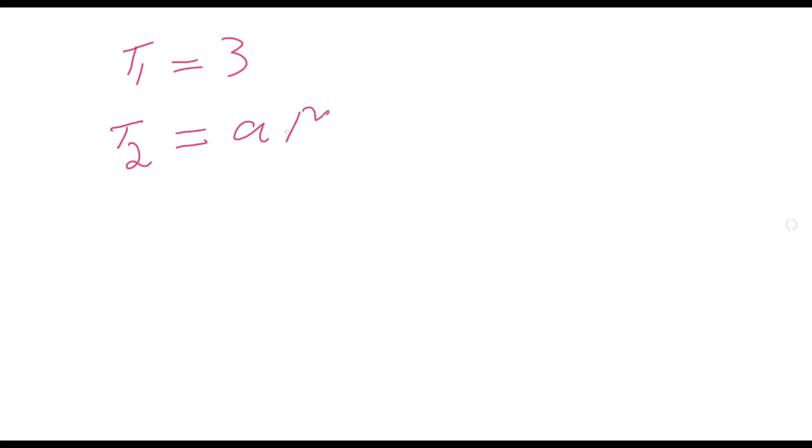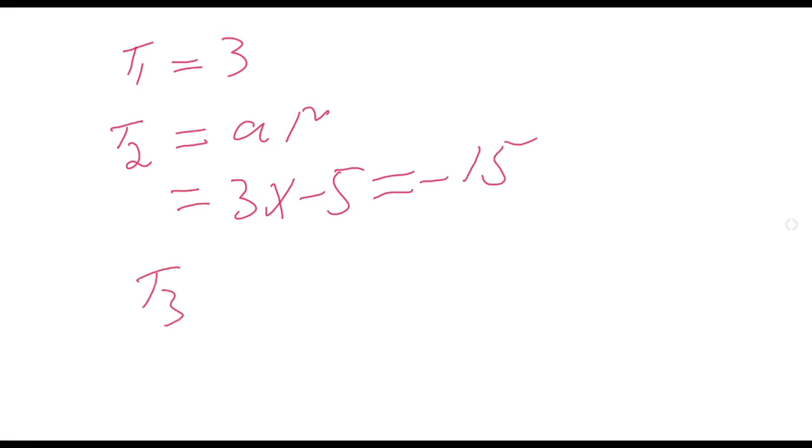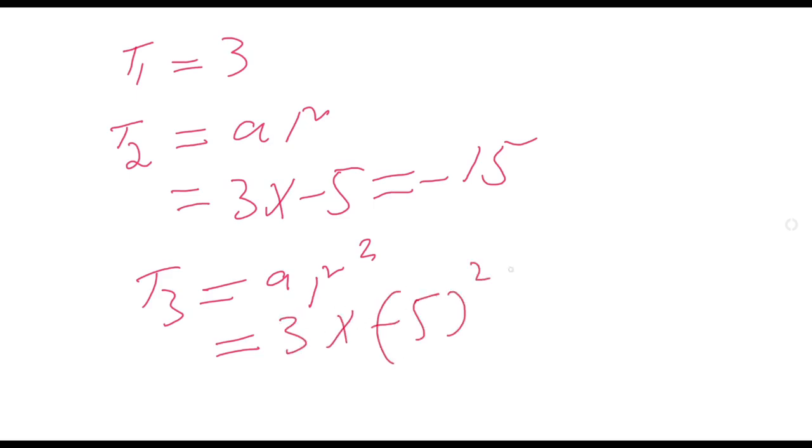Remember, a we've got 3, and the ratio we already found, which is negative 5. So 3 multiplied by negative 5, the answer is negative 15. Term 3 is going to be ar square, 3 multiplied by (negative 5) square. So the answer will be 75.